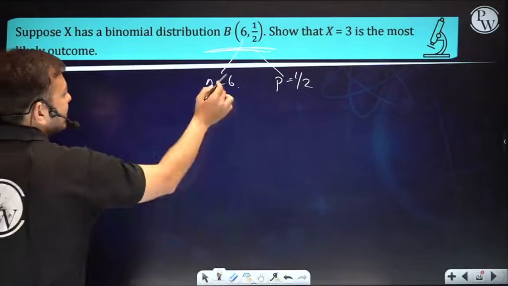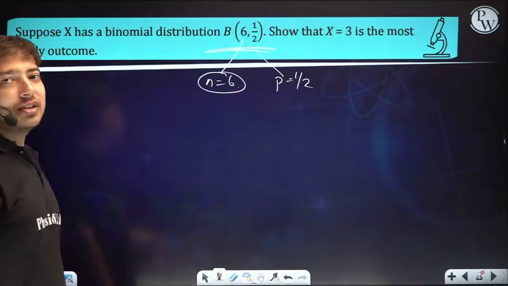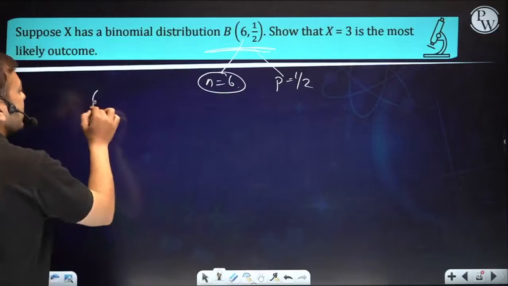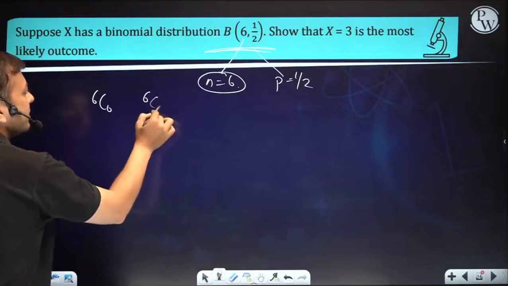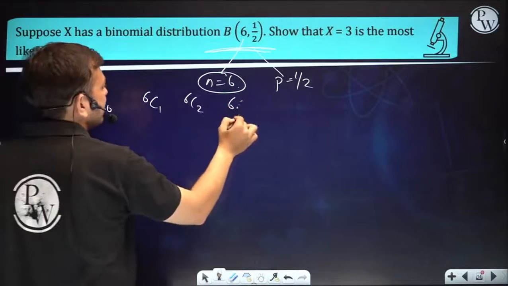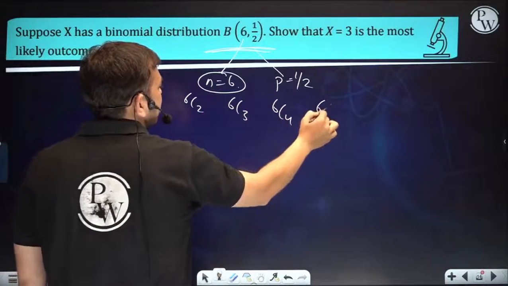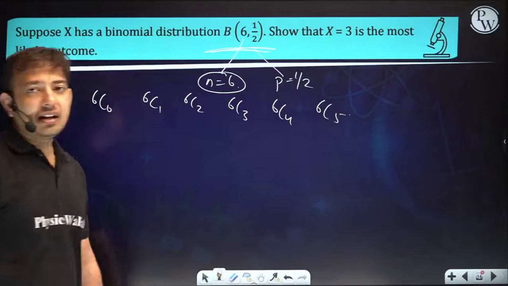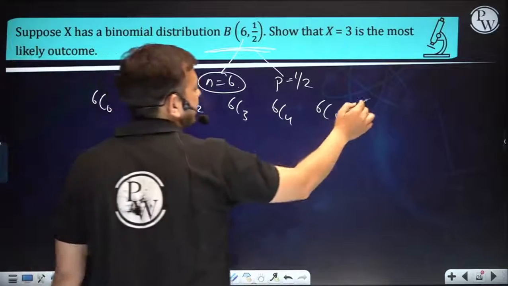So out of 6 trials, what I can do is write 6C0, 6C1, 6C2, 6C3, 6C4, 6C5 and 6C6.